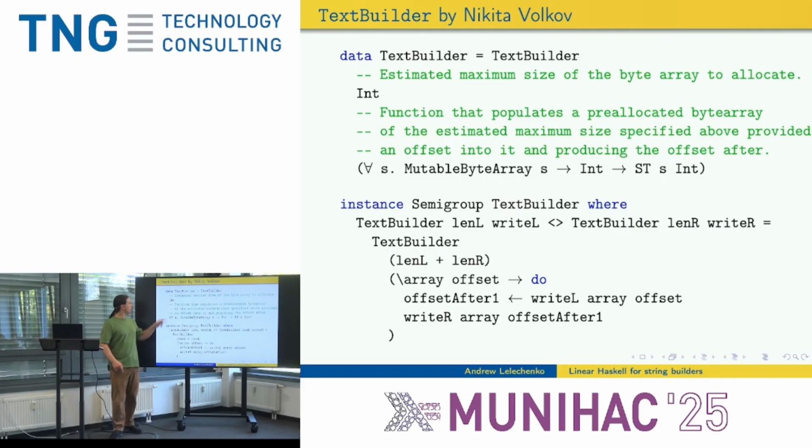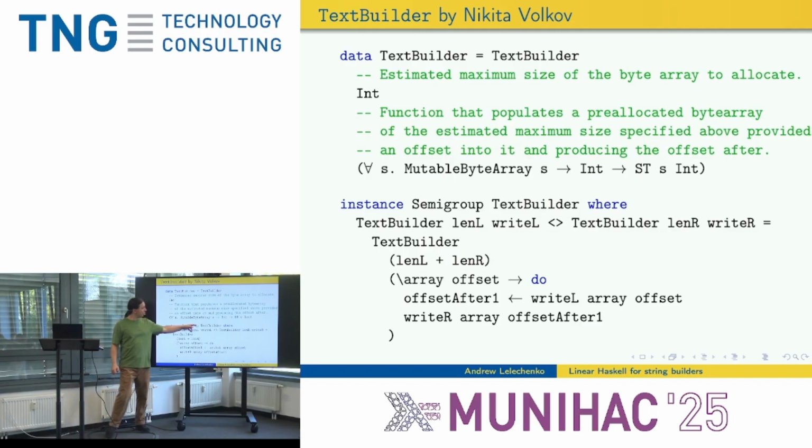Yeah, this is an estimate, an upper estimate of the size of the result. Then I will allocate this huge byte array and will call this function to write down all data, so that we write down one neat text large enough and no data is copied around twice.